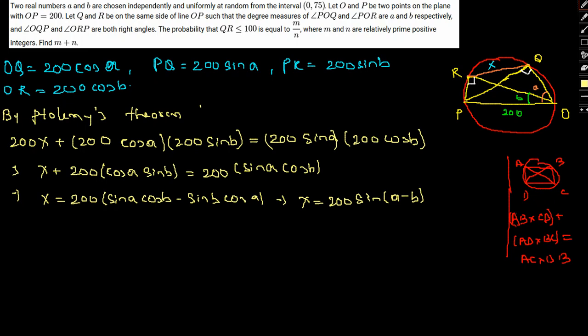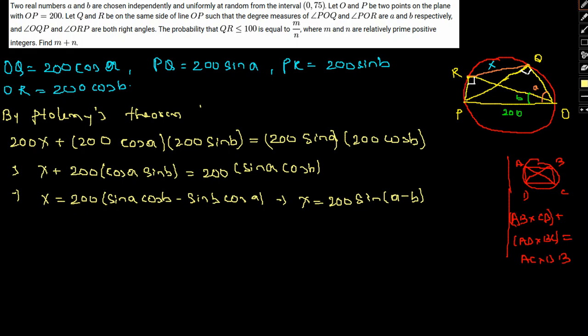So we cannot assume that Q is to the right in the diagram. Since A is not greater than B, our diagram with all the statements we have come across will be right. And in this entire figure, x, that is QR, should be less than or equal to 100.